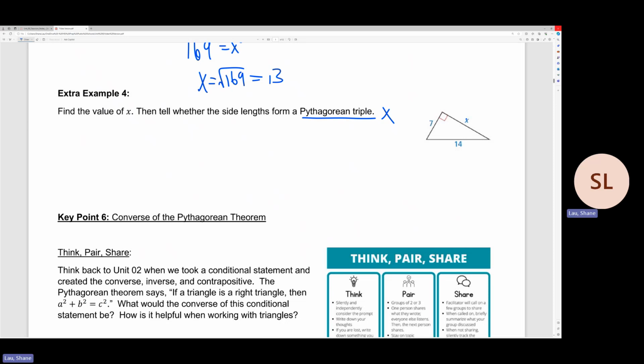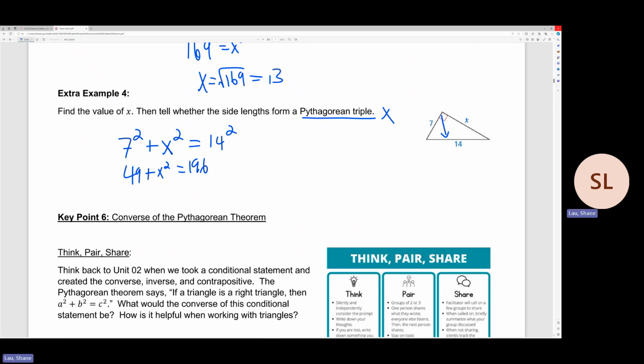But let's go ahead and solve it anyway. We take our leg, 7 squared, plus our other leg, squared. And our other leg is x because, remember, the hypotenuse is always the largest value, but it's also the one opposite from our right angle. So that equals 14 squared. And we'll just solve. So 49 plus x squared equals 196.